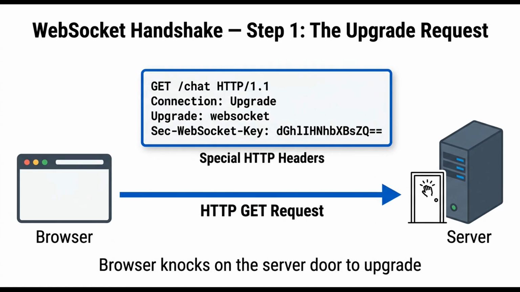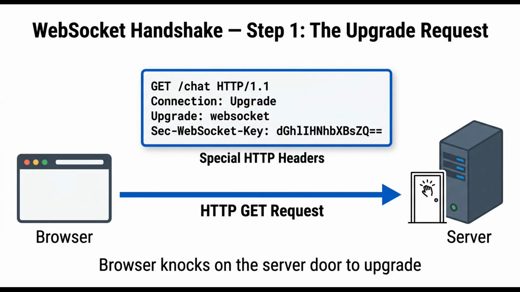All right, now let's get into the fun part. How does a WebSocket connection actually get established? It all starts with something called the WebSocket Handshake. And here's the cool thing. It actually begins as a regular HTTP request. Your browser sends an HTTP GET request to the server, but with a special header that says, hey, I want to upgrade this connection to a WebSocket.